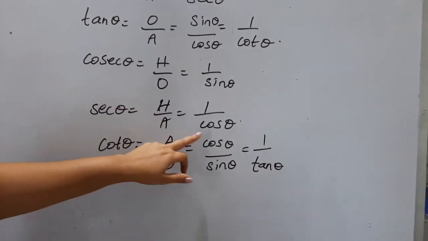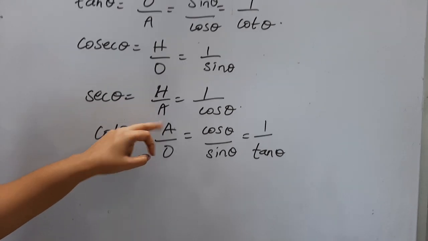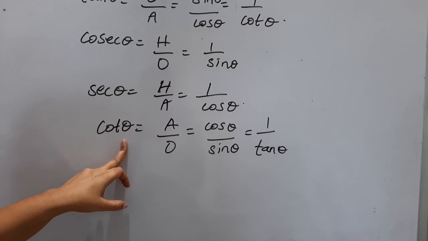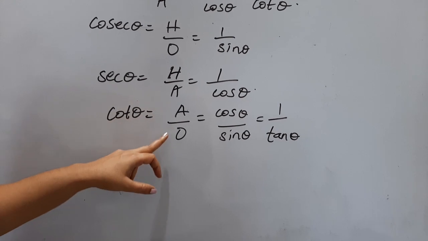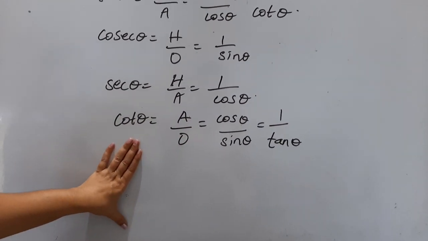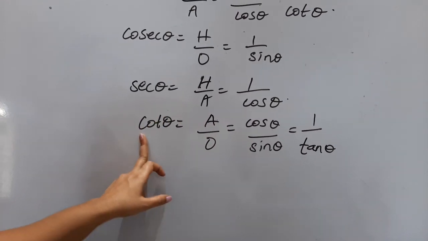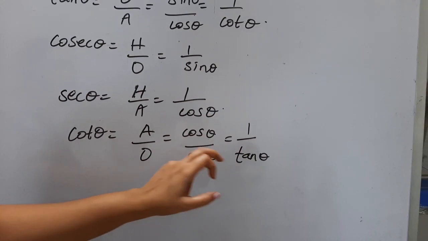Secant is reciprocal of cos, so secant is defined as hypotenuse upon adjacent side, and cot theta is defined as adjacent upon opposite, which can also be defined as a quotient ratio of cos and sine, and cot is the reciprocal of 1 by tan theta.